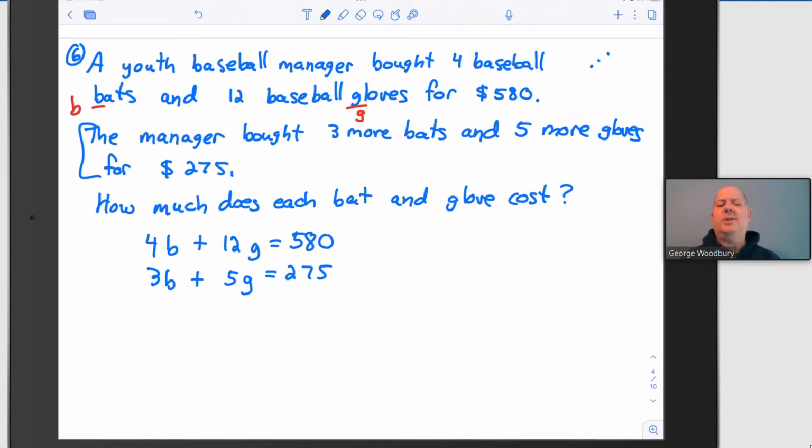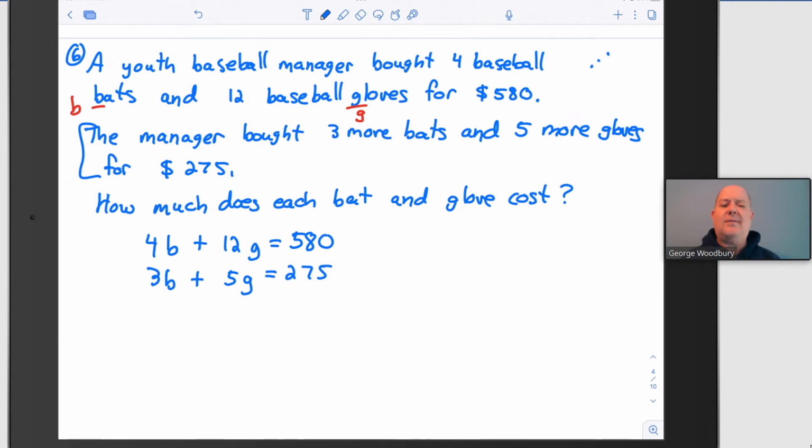I look at this problem and I don't have a term with B or a term with G that is set up to solve pretty quickly. Although I might be able to solve the first equation for B without any fractions, if I don't see a plain B or a plain G, meaning B or negative B, G or negative G, I think the best move is to jump right to the elimination method.